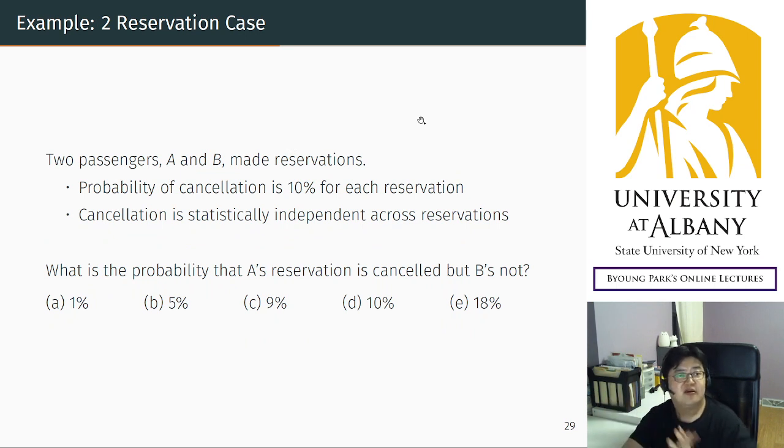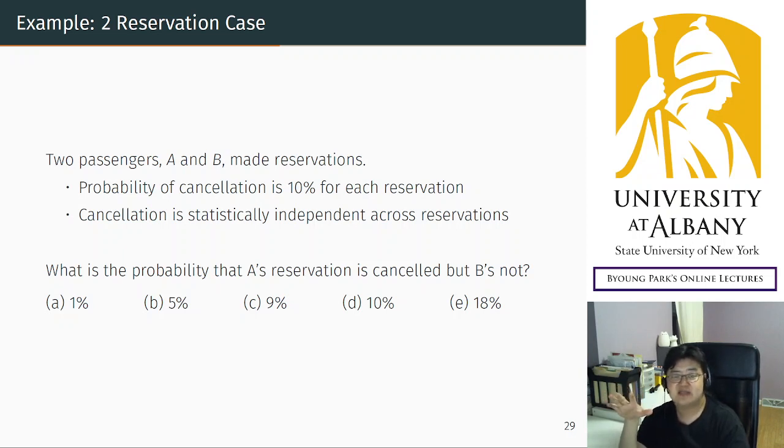And then let me ask you this question. Now we are going to think of the two reservations case. So suppose that you only got two reservations. I will call the reservation names A and B. So A and B made reservations. They are independent of each other, and each of them has a cancellation probability of 10%.